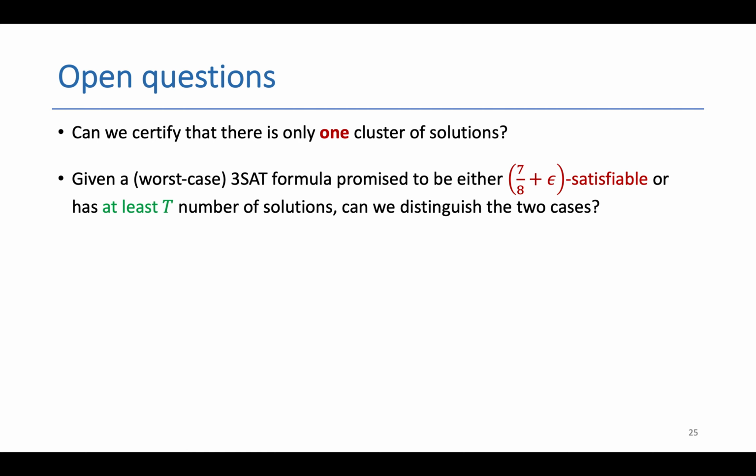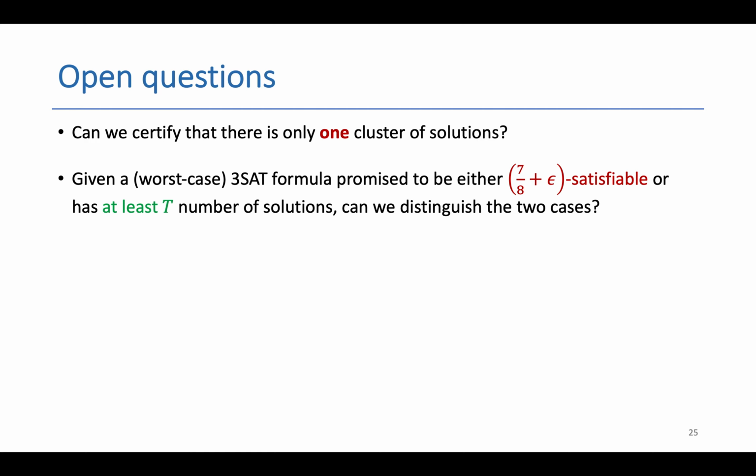Now I want to finish this talk with 2 open questions. So while we did have hardness evidence against improving the 2 to the n to the 3 quarters edge for the certified counting question, the 2 to the square root n does not seem inherent for the clustering question.